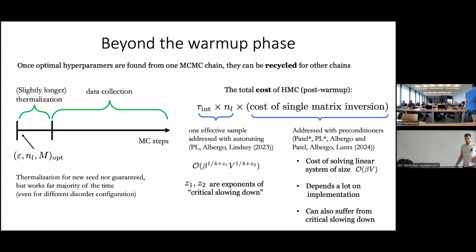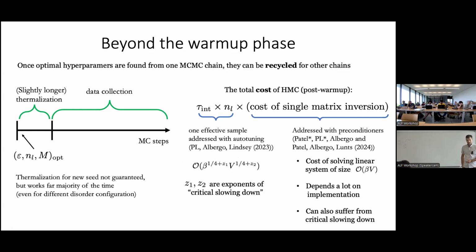Are Z1 and Z2 just for the one effective sample part? The beta to the 1/4 plus Z1, V to the 1/4 plus Z2 is for the total cost. Sorry, I got it wrong. I'm dividing it up like this. Z1 and Z2 should be parts of the total cost, because they are the cost of critical slowing down, which comes from the matrix inversion. I'm writing it in this way to separate out what is the critical slowing down from the sampling.